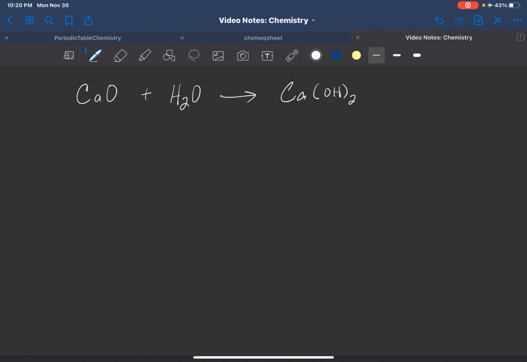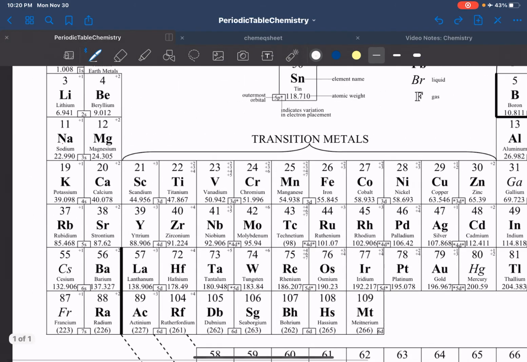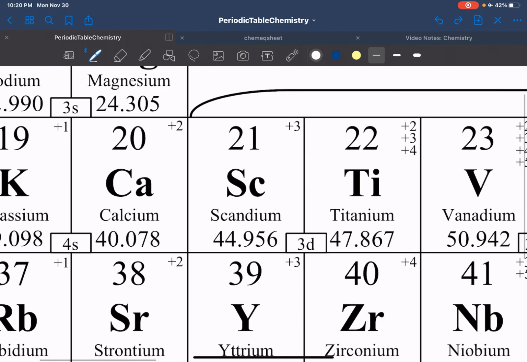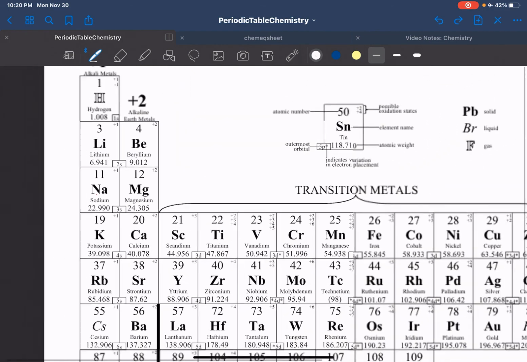All right, so let's do the same thing here. Let's see what we got. We've got calcium oxide. So that means we've got calcium and oxygen. Let's go to our periodic table. So there's calcium. You can see right here, 40.078. That would be 40.08. Okay.